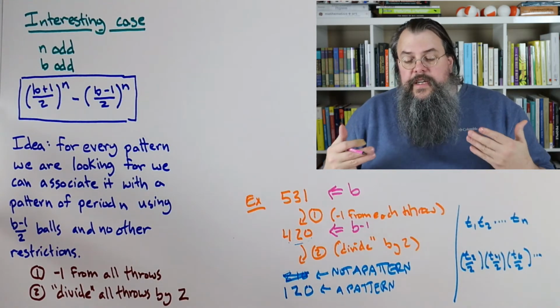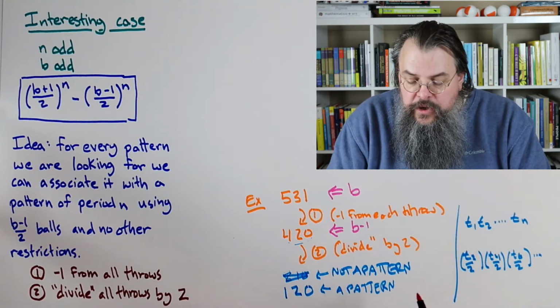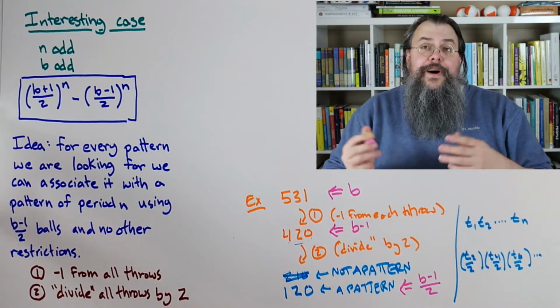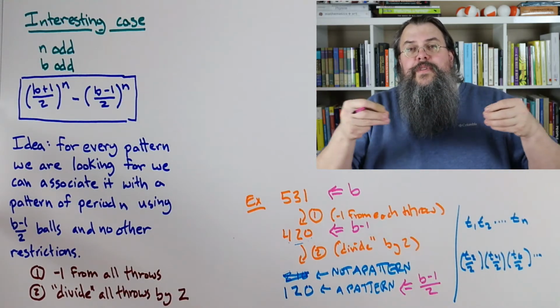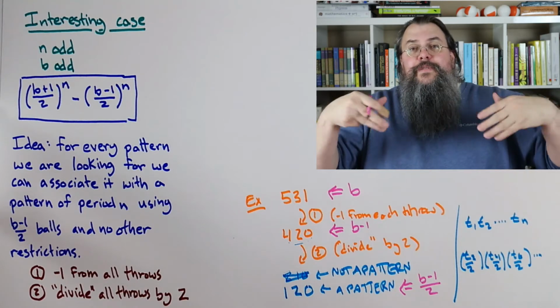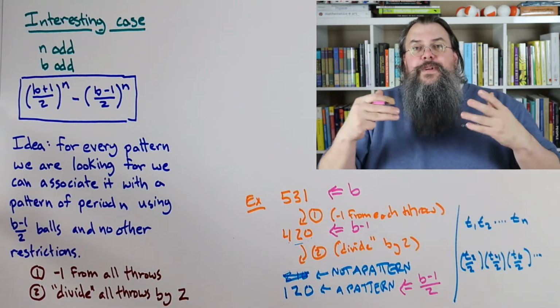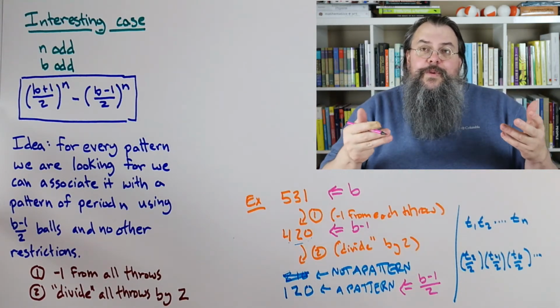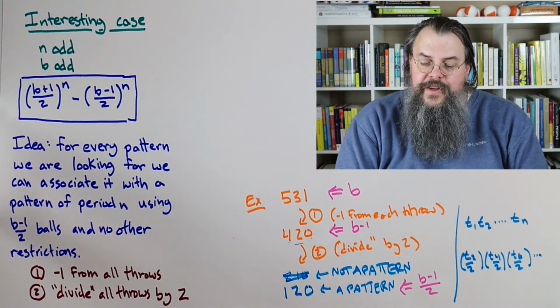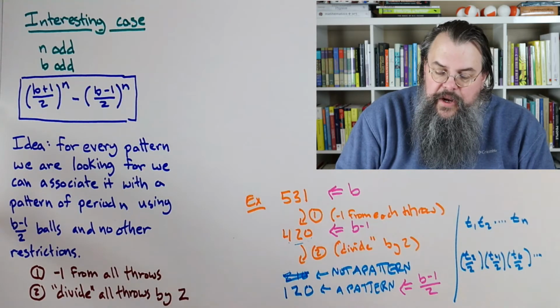And now if you divide each throw by 2, you're going to divide the total number of balls by 2. Why? Well, we go back to the number of balls times the period is the sum of the throws. So if we divide each throw by 2, then we divide that sum by 2. Well, we haven't changed the period, so it must be the case that we divide the number of balls by 2. So we have this nice pairing.